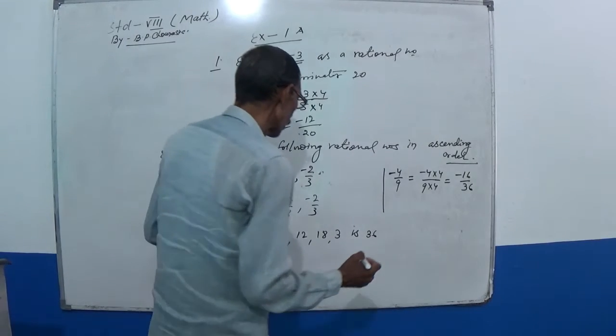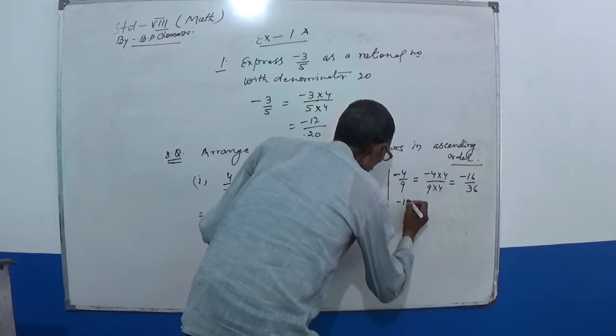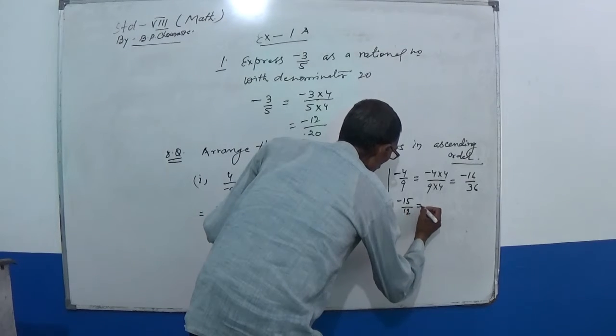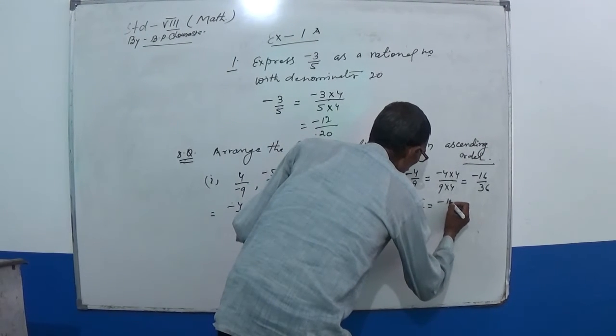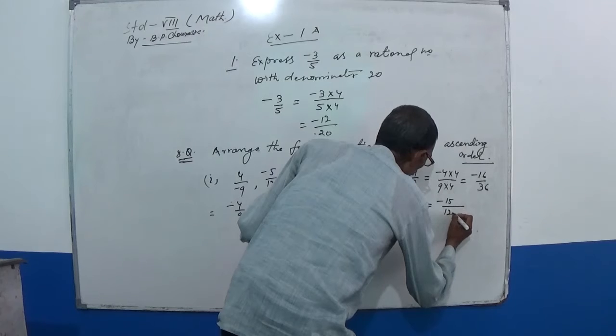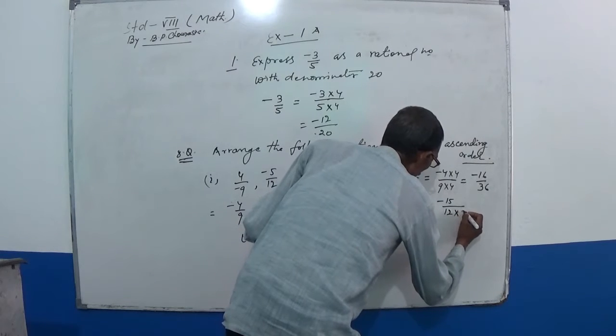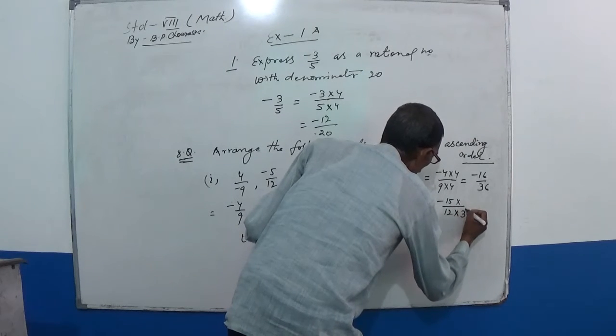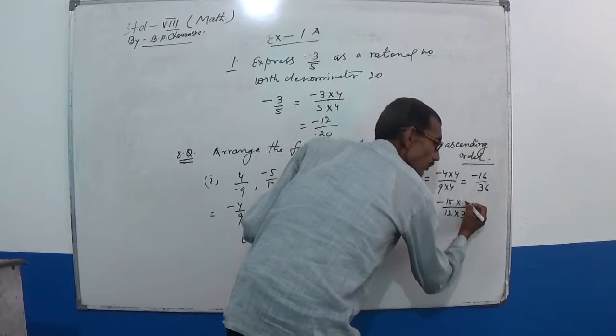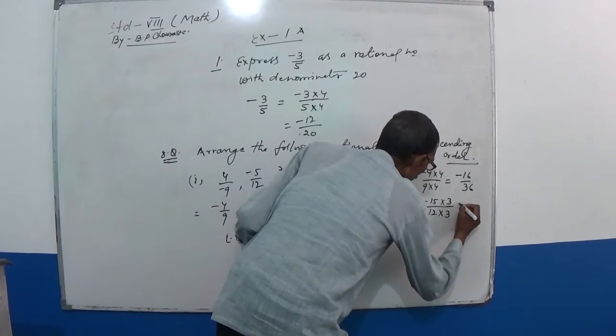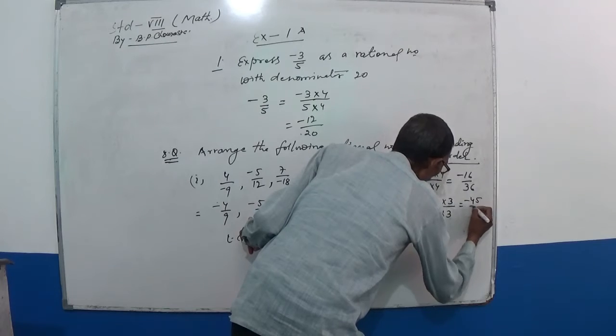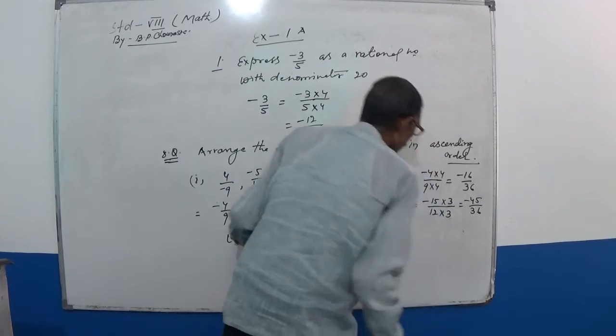Minus 5 by 12 is equal to minus 5 by 12, multiply 3 to the denominator and numerator to get 36: minus 15 by 36.